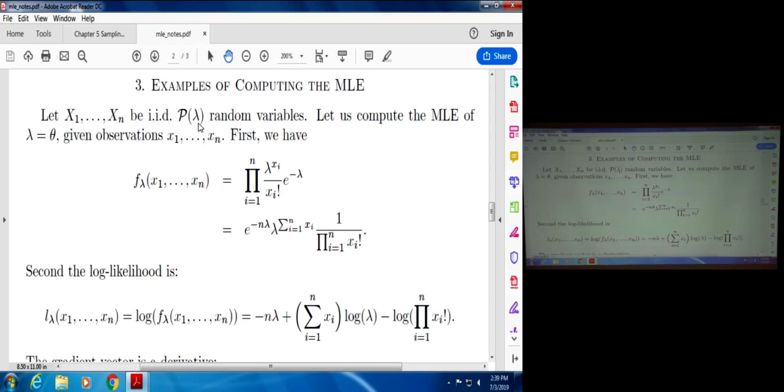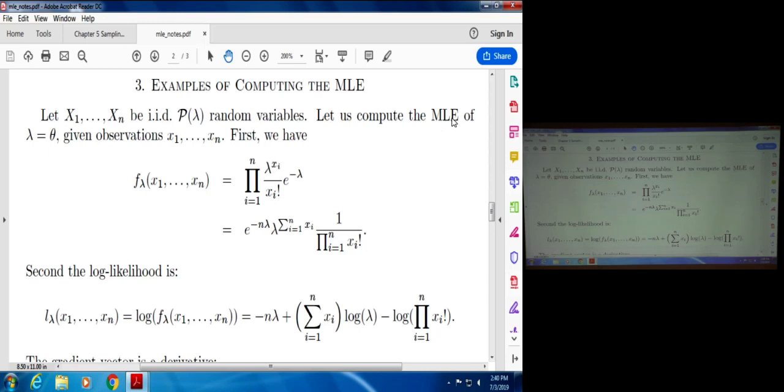But in many cases, we don't even know what the associated parameter is of the statistical model. So what we're going to do here is to use this maximum likelihood estimation procedure to precisely calculate lambda, and that's the lambda which is most consistent with the data. This is called the MLE, maximum likelihood estimator.